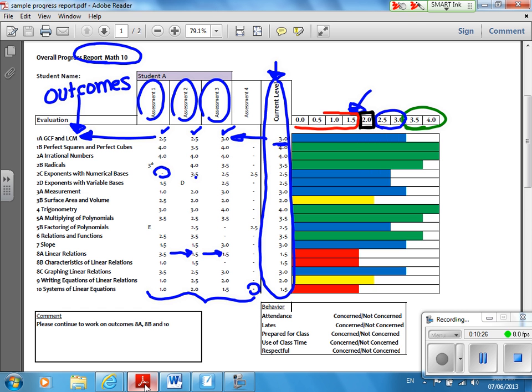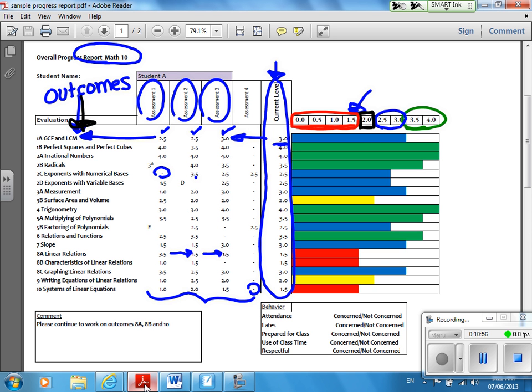Anything below a 2 is in the red zone. The student is not meeting the minimum expectation. They will struggle to be successful at the next level, and we are expecting that they are relearning and reassessing these outcomes. So on the left side there, I talked about the outcome numbers and descriptions so that you can quickly identify what a student is struggling with or excelling with.